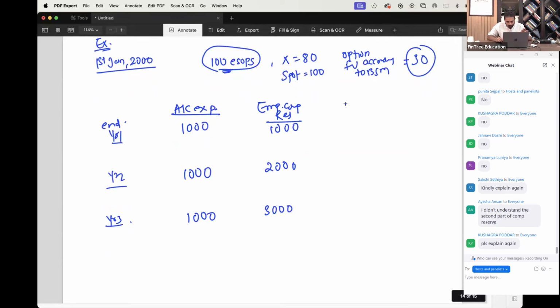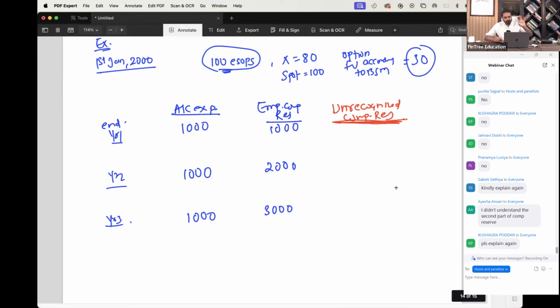Now you don't record this number that I'm writing here, but you can calculate this, which is unrecognized comp reserve. What is unrecognized comp reserve? Unrecognized comp reserve means how much of my expense, because of options that I've already issued, will be coming in the future, but I have not recognized yet.